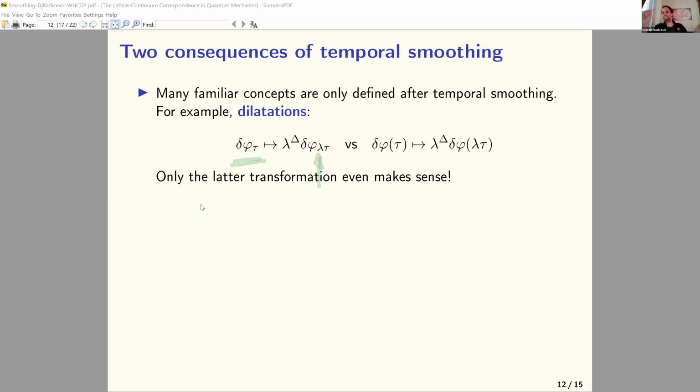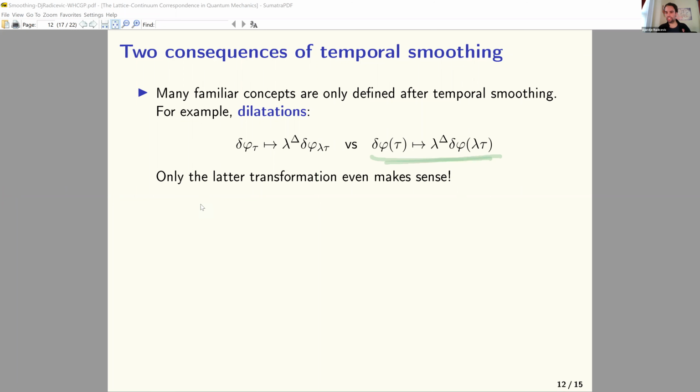I am not allowed to just rescale things randomly. I would only be forced to work with integer values of lambda, and even then the mapping would not be one-to-one or anything even close to that. It would be some mess. So this is really a completely insane transformation to try to do on a lattice.